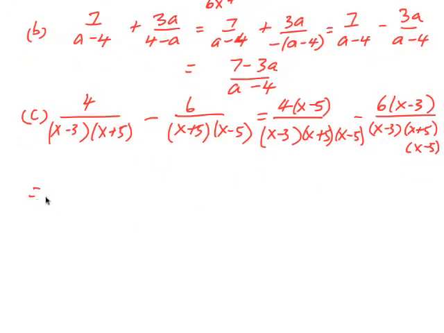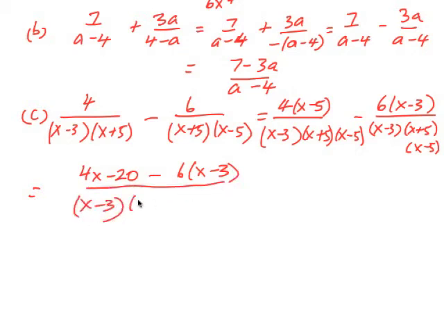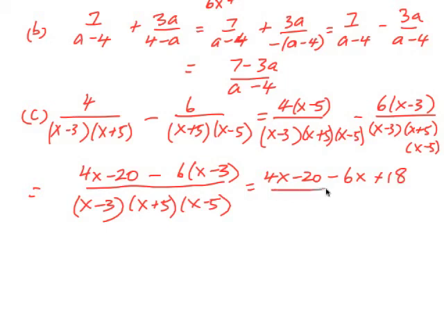Okay, so this will become, notice if I distribute on the top, subtract, I'll do this in 2 steps, over x take 3 by x plus 5 by x take 5. So this becomes 4x take 20 minus 6x plus 18 over x take 3 by x plus 5 by x take 5.